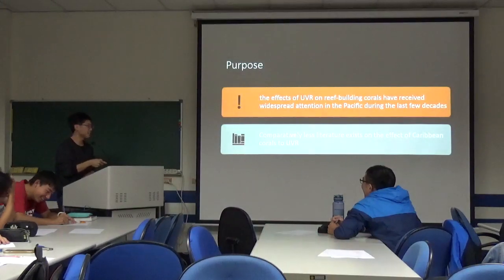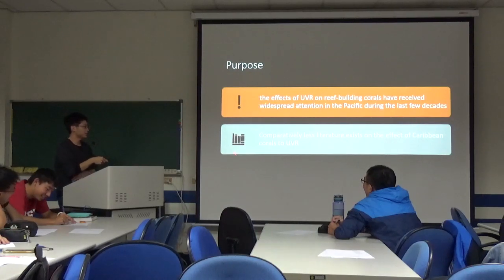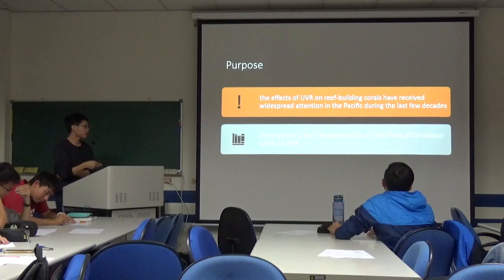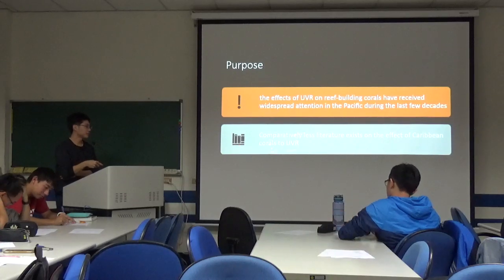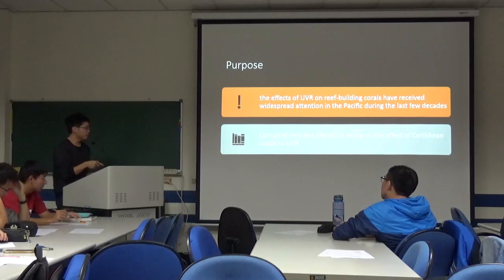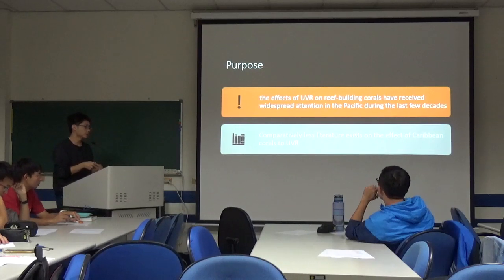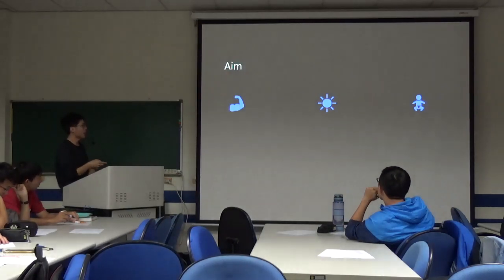And why did I do this research? First, during the last few decades, the effects of UVR on reef-building coral have received widespread attention in the Pacific. Second, there are few studies about the effect of UVR on Caribbean coral, and this is our aim.